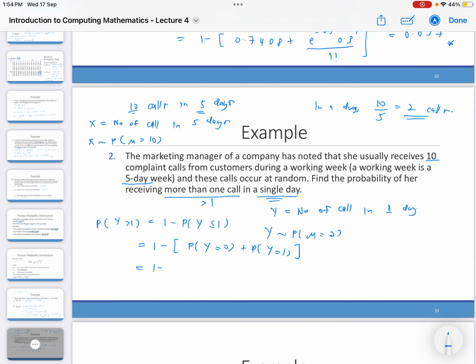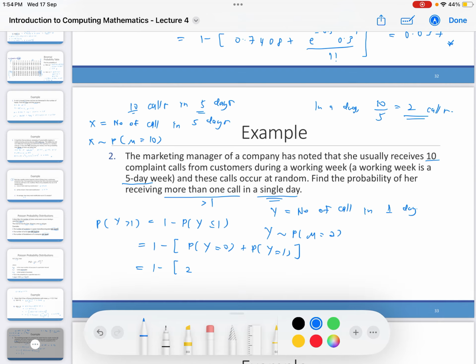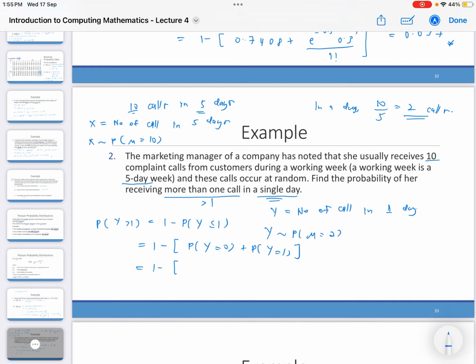Let's calculate this first. So 1 minus, in brackets, I use the formula with the mean, which is 2. Let's start with the exponent: e to the power of negative mean, negative 2, times 2 to the power of x, which is 0, divided by 0 factorial, plus e to the power of negative 2, times 2 to the power of 1, divided by 1 factorial.